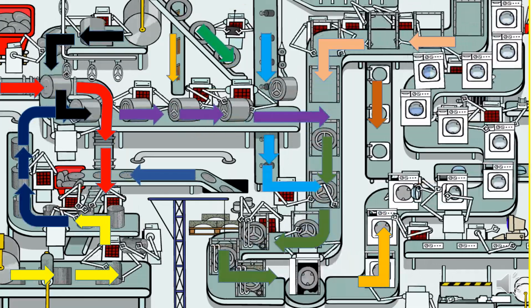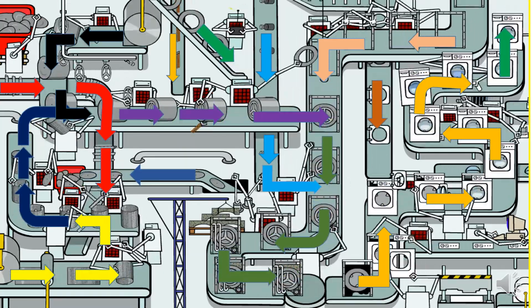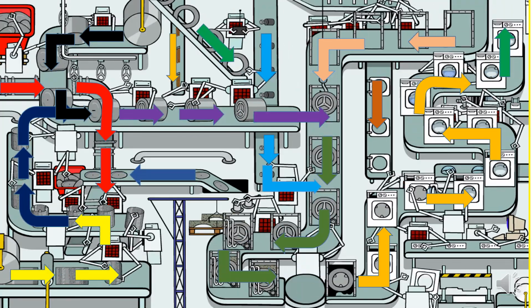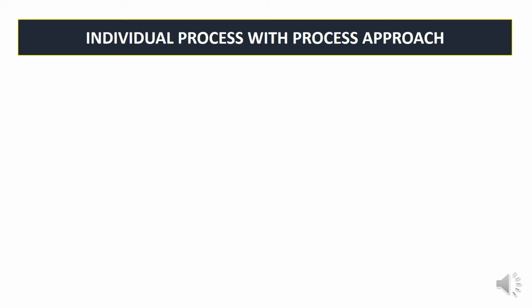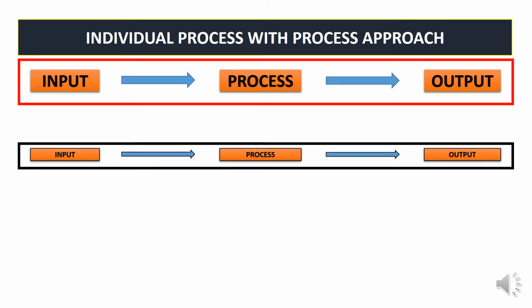You can see different colored small processes going ahead to form a washing machine. So let us understand the individual process with the process approach, like we understood the main process. Like in the main process, we saw the input, process, and output, the same way, every small process has input, process, output.